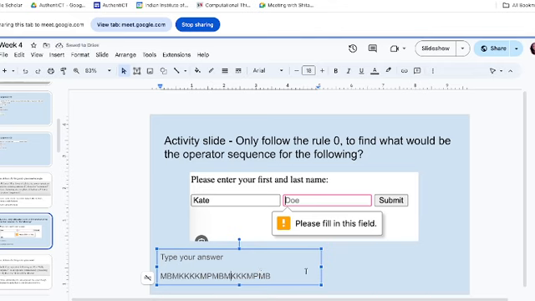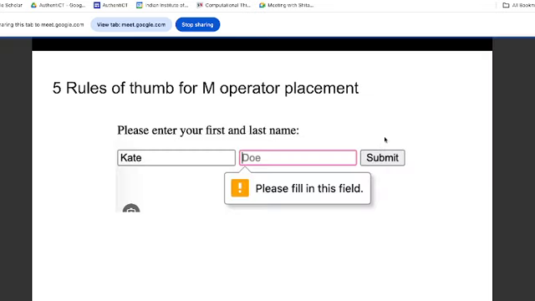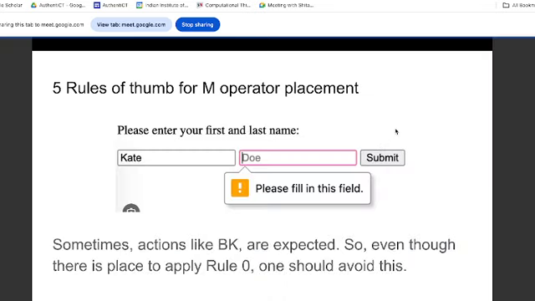Before K we should have written an M, because when I have to start typing. Okay, so this rule actually states the same thing, that sometimes actions like BK are expected. For example, now I have clicked on this, then I will start typing. That is expected. So even though there is place to have another M before the K, I should avoid it.